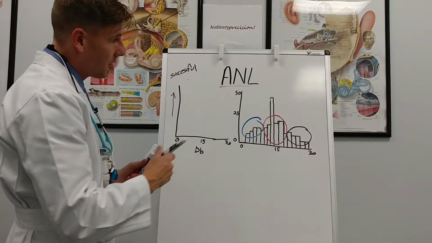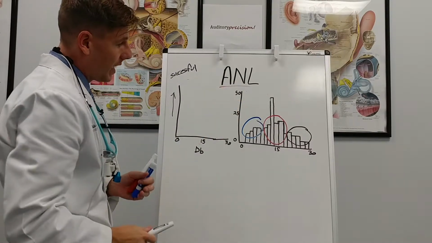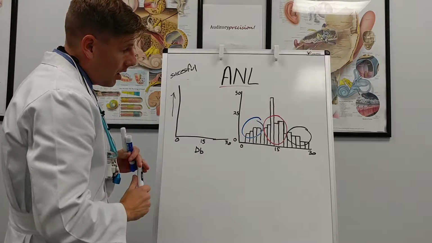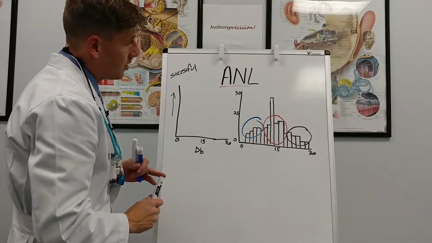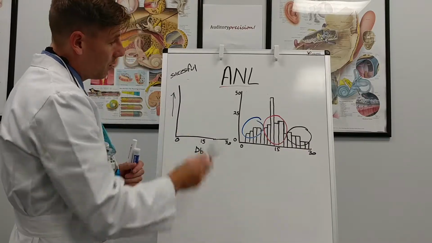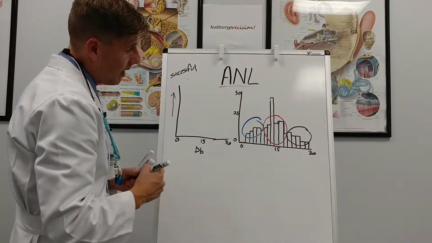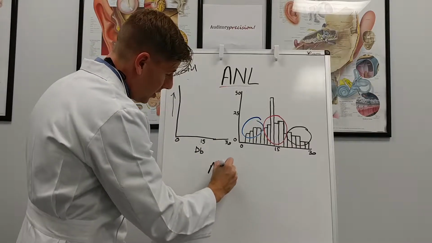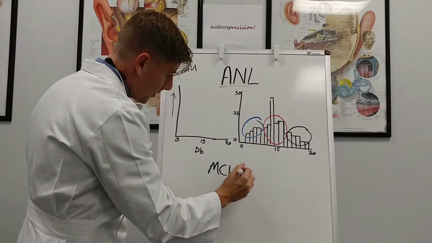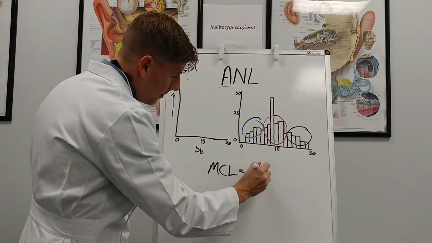What I'm going to do is run an acceptable noise level test. It was a great seminar done by IHS in 2005 in Orlando, where they went over some studies of what this is showing. To do an acceptable noise level, I'm going to put a patient in the sound booth and get their MCL.